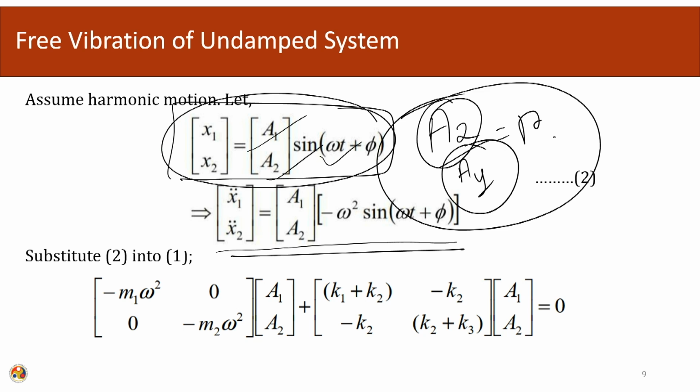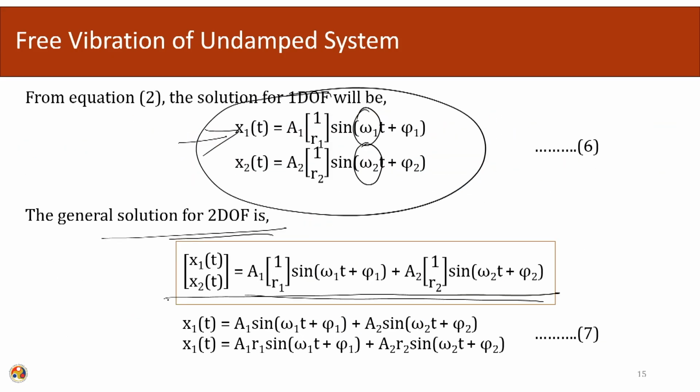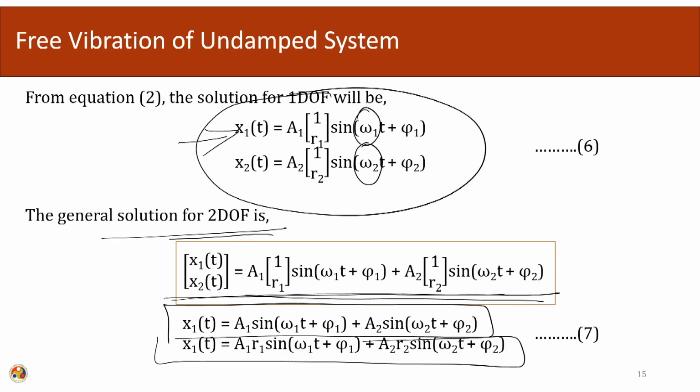We find the value of omega, we find the values of a1 and a2, and we put these back into the equations, and we get the generalized solution for x1 and x2. So, these two equations depict the motion of the two masses at the chosen degrees of freedom. x1 gives the harmonic motion of the mass with frequencies omega 1 and omega 2.